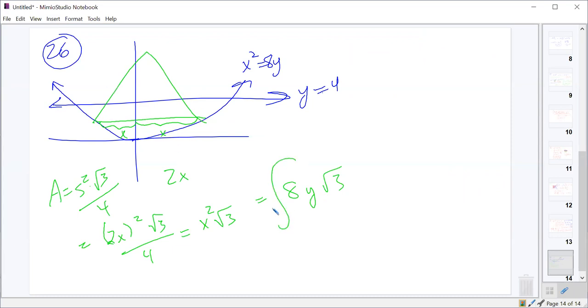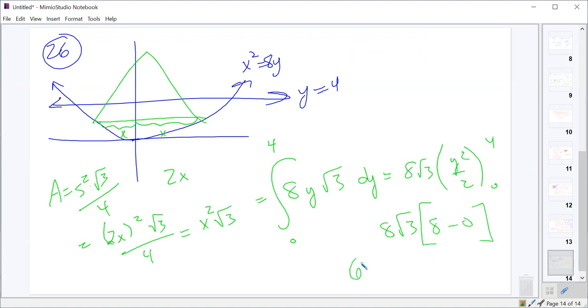And so we'll then integrate that from the lowest y value to the highest y value. So 8√3 times y squared over 2 from 0 to 4. Or 8√3 times 8 minus 0.